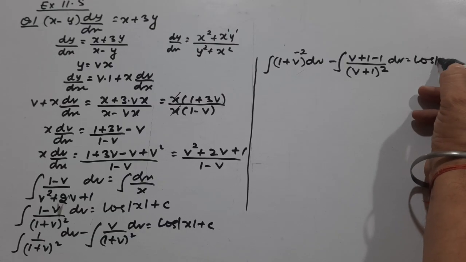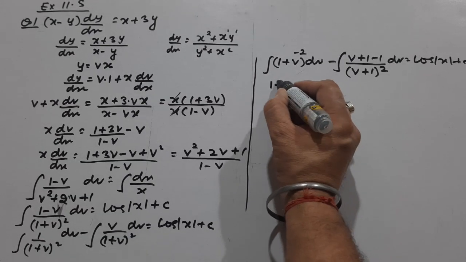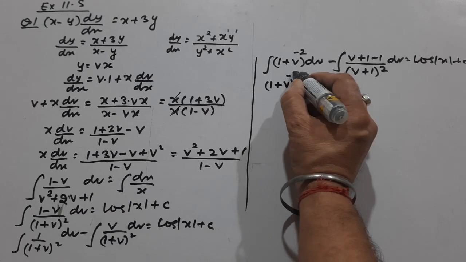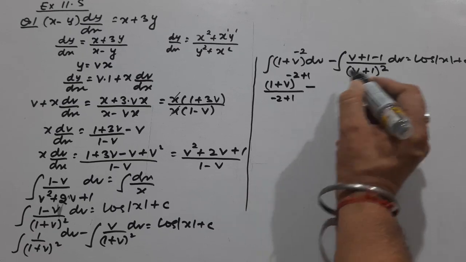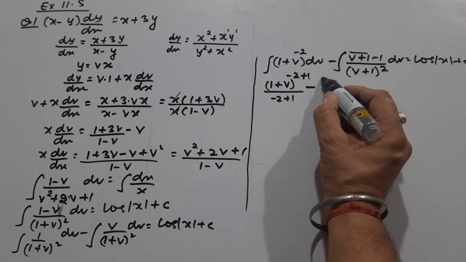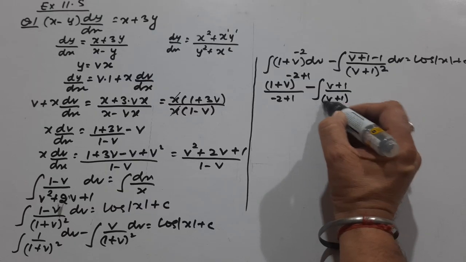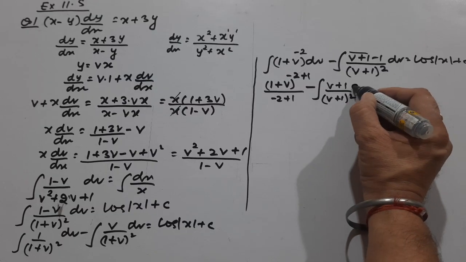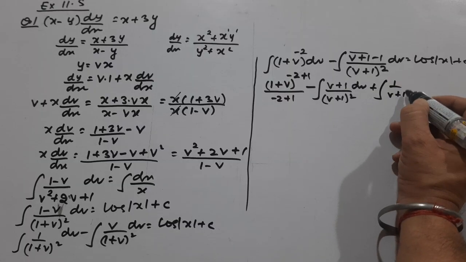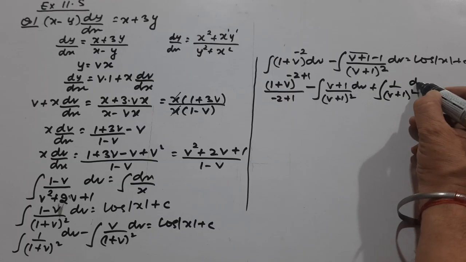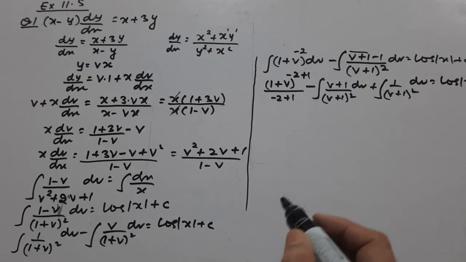Now after integration, we get (1 + v)^(−2+1)/(−2+1) minus. Now separate, we can write (v + 1)/(v + 1)² dv − 1/(v + 1)² dv = log x + c.